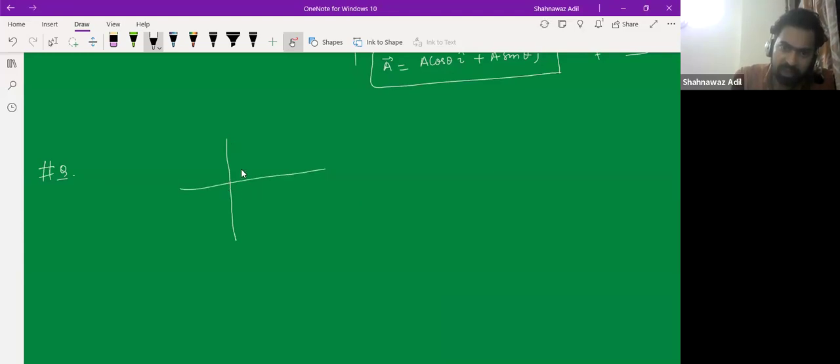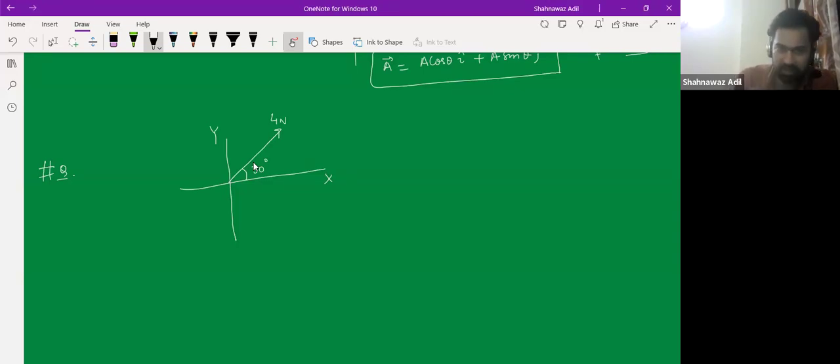We can write this force as F. This is some force which is 4 Newton, and it is making an angle, let's say 30 degrees with the x-axis. How can we write this vector in the Cartesian form?